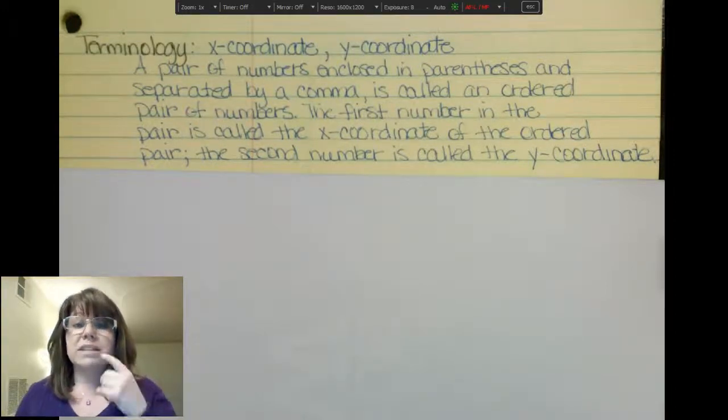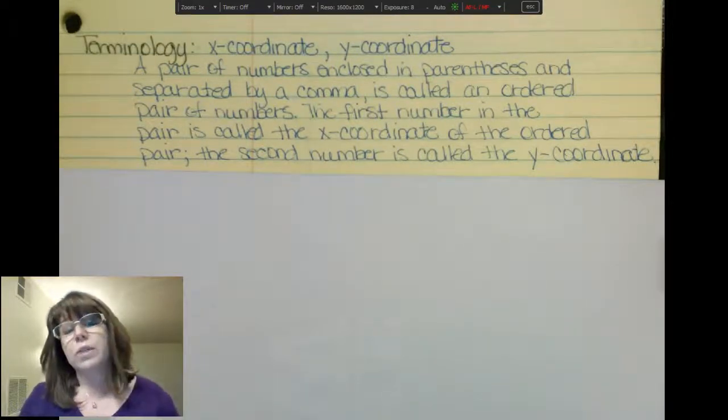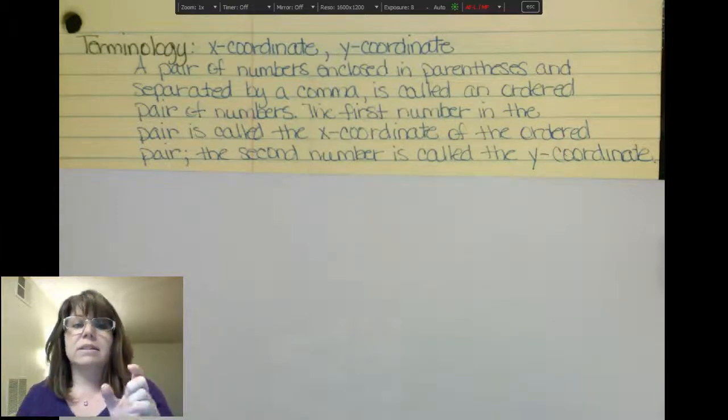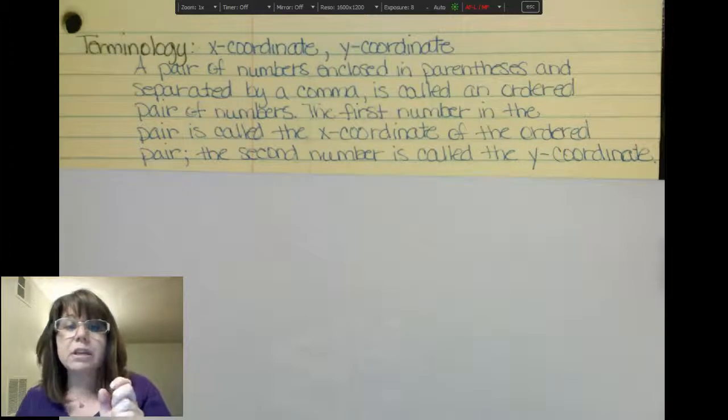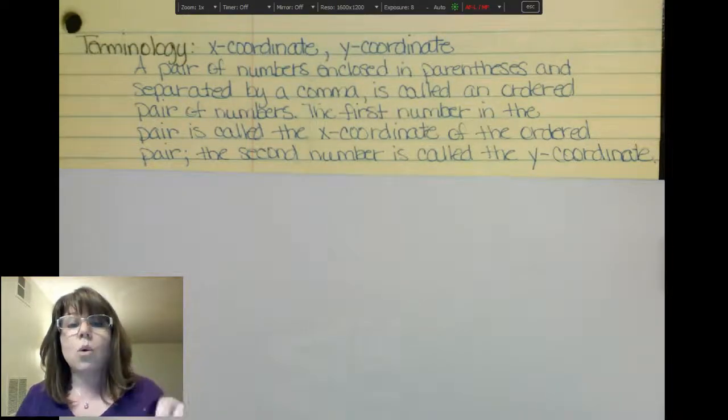It's ordered because of how we list it: the x always comes first and the y comes second. We do that so that when I write a point, let's say (2, 3), it means the same thing to me as it does to you and everybody else. So it is an ordered pair.